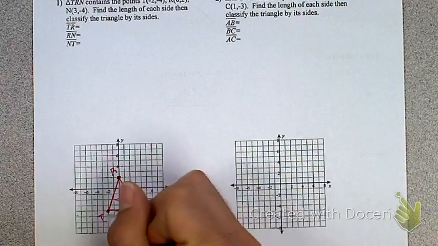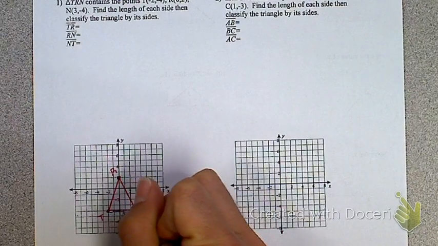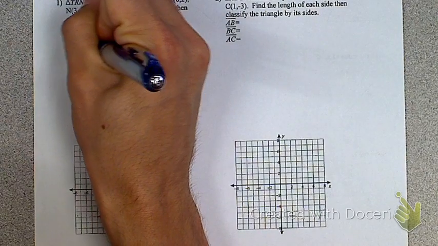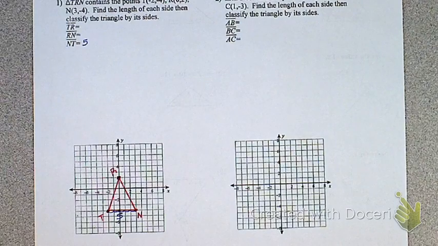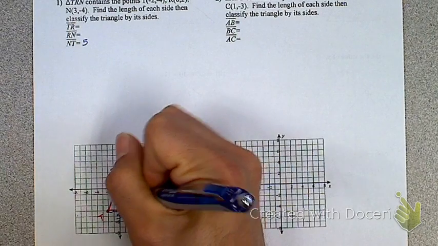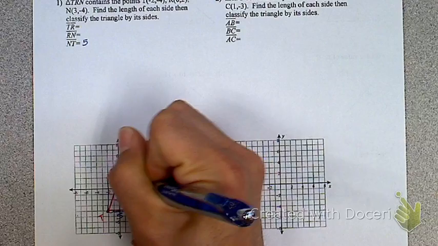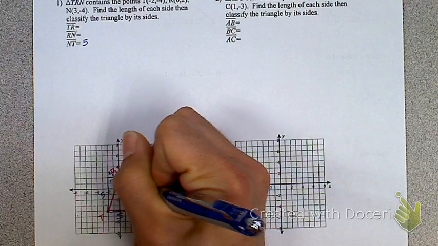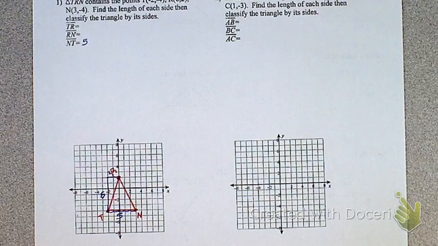For example, TN has 1, 2, 3, 4, 5. So TN is 5 units, or NT. But now to find TR, I'm going to make this little right triangle so I can count. That's 1, 2, 3, 4, 5, 6. Oops, that's 6 and 2.